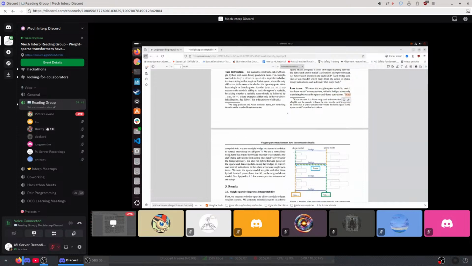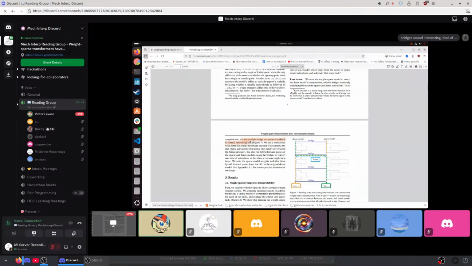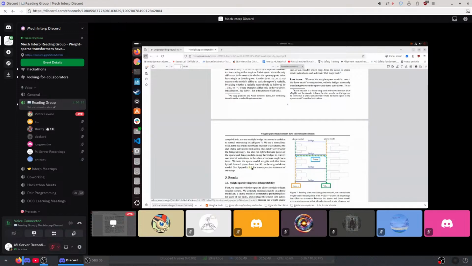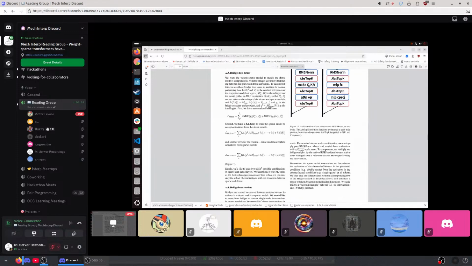To compress this, we use multiple bridge loss terms in addition to the normal prediction loss. They want the weight-sparse model to match the original computations, with the bridges accurately translating between the sparse and dense activations.